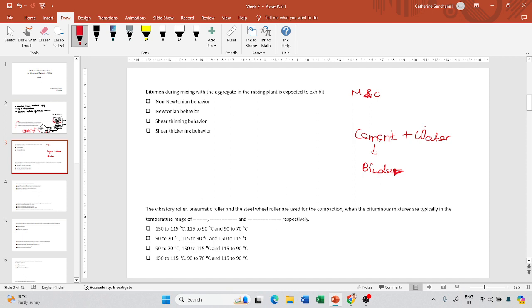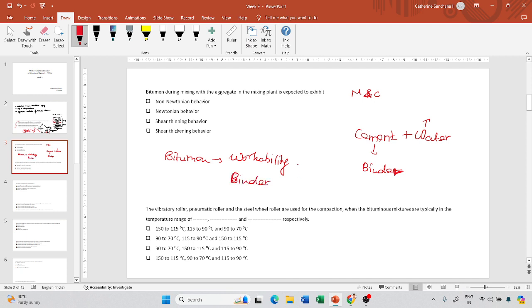Here water is the major contributor to the workability, and also the water to cement ratio. But in the case of bitumen, your bitumen should provide both workability, and after that it should serve as a binder.